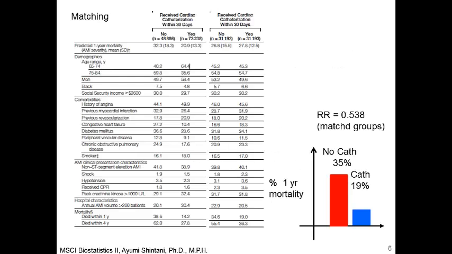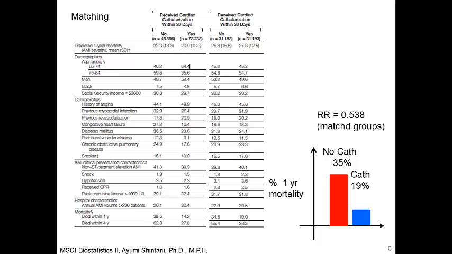Let's start with matching. In the matching method, among 73,000 patients who received heart catheterization, they look up each one of them, and for each of the catheter patients, they match a non-catheter patient whose background is similar. Background means data on each of these prognostic factors are similar.